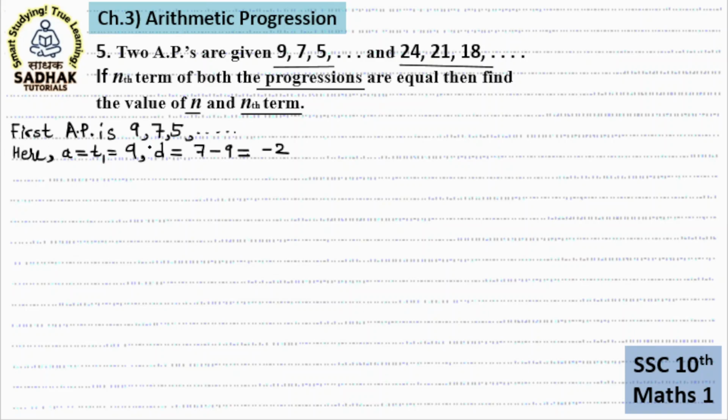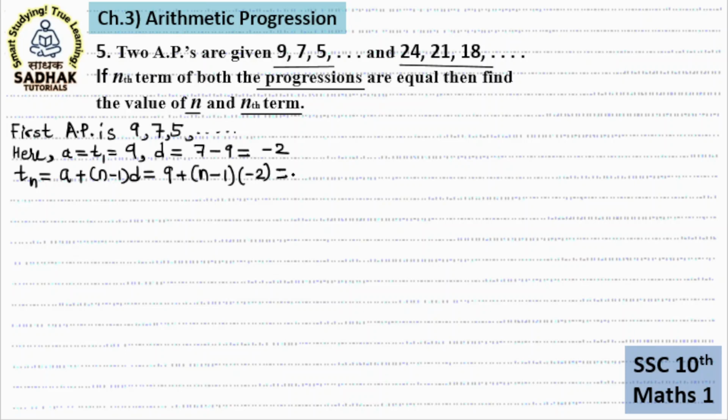Now with this information we can find the nth term, Tn, in the first AP. So Tn in the first AP will be A plus (n minus 1)d. So that will be 9 plus (n minus 1) times minus 2.